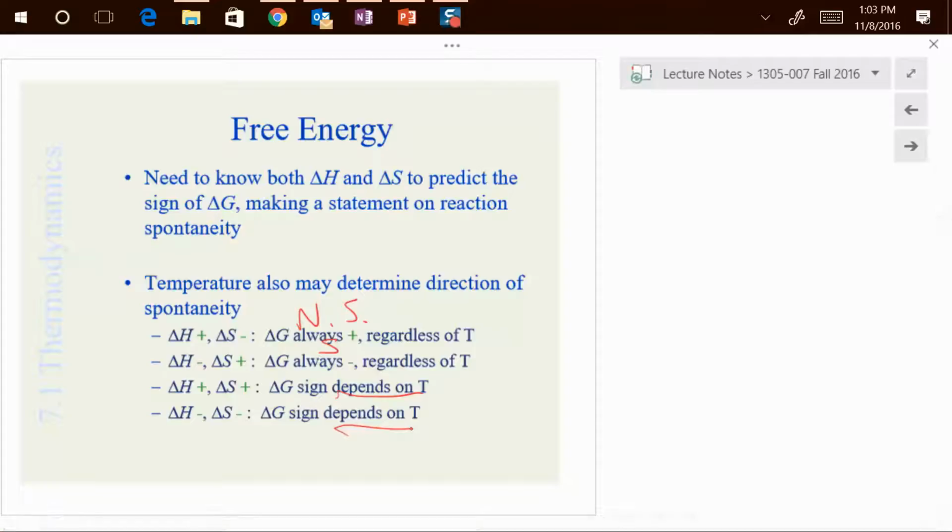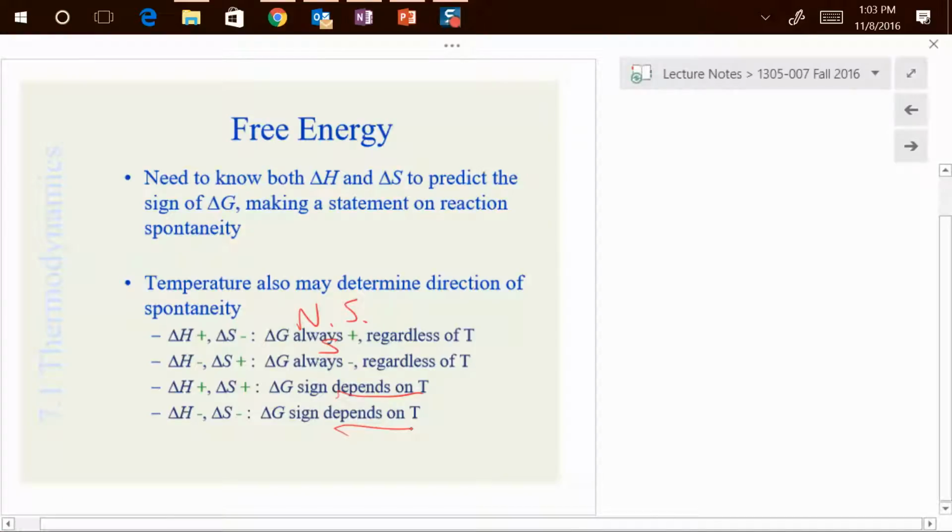Okay? So as far as entropy and enthalpy go, you need to understand how to identify an endothermic and exothermic reaction, meaning is energy being released or absorbed. You need to know how to identify whether the entropy, meaning the disorder, is increasing or decreasing. Okay?